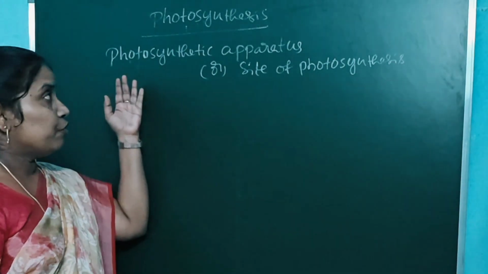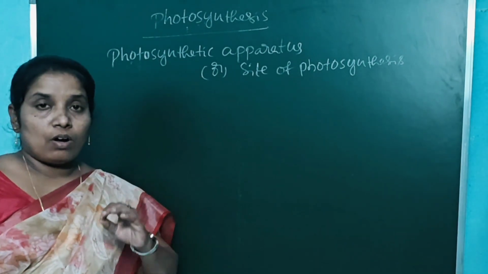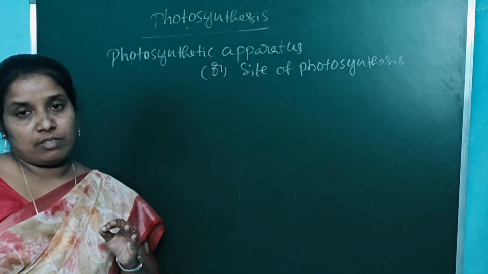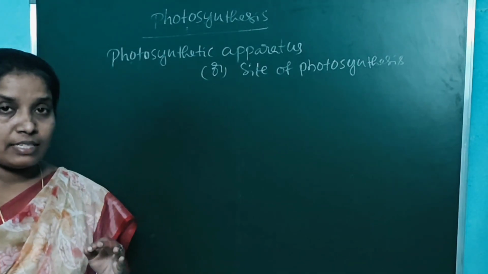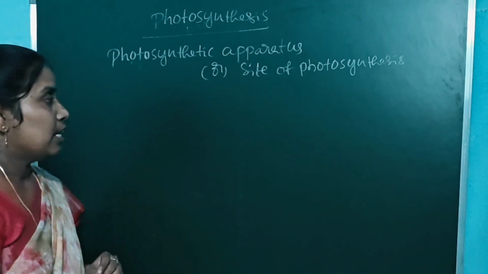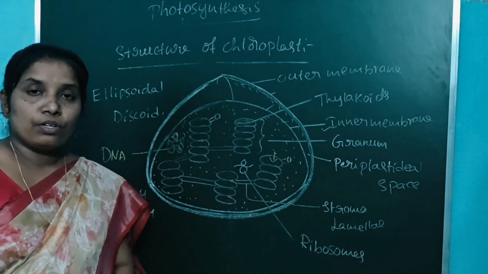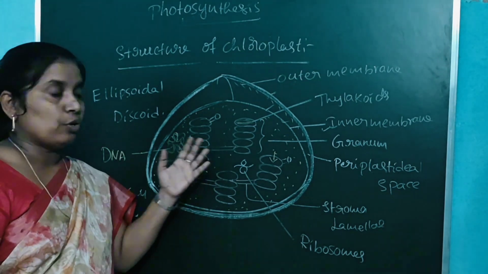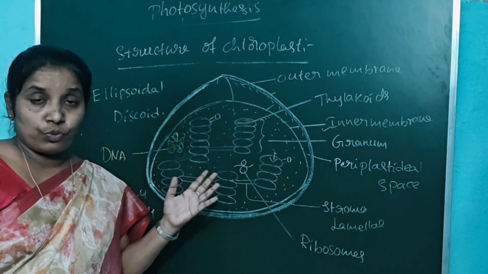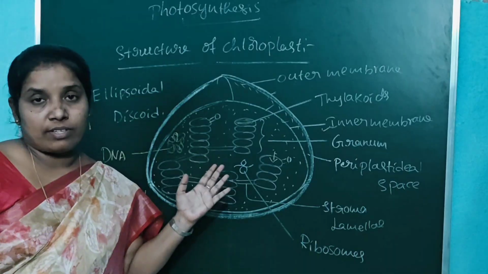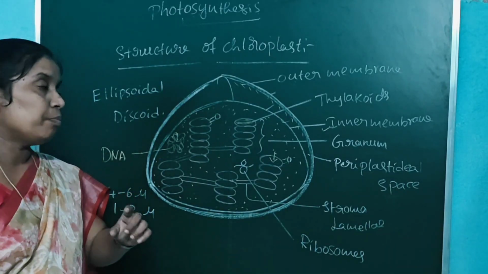Let's see the photosynthetic apparatus, or the site of photosynthesis. The actual site of photosynthesis is the chloroplast. So let's see the structure of the chloroplast.